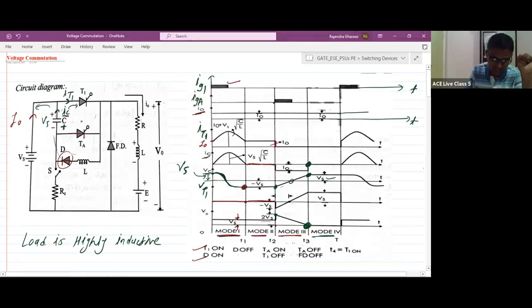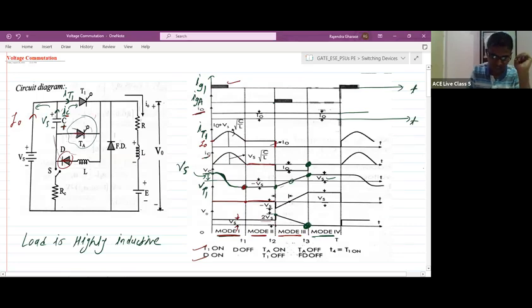If IC is 0, TA current also becomes 0. So thyristor TA will turn off, because the anode current is less than the holding current value.